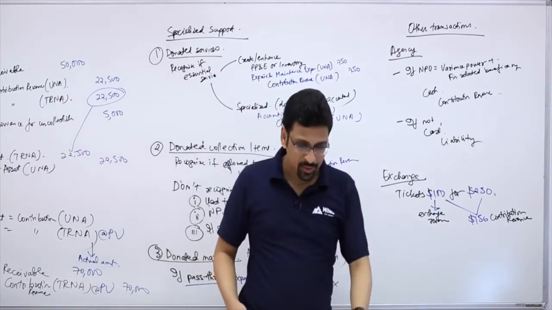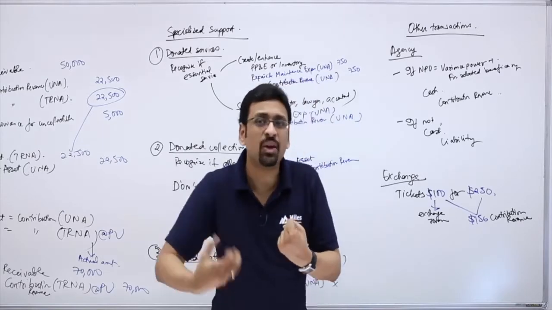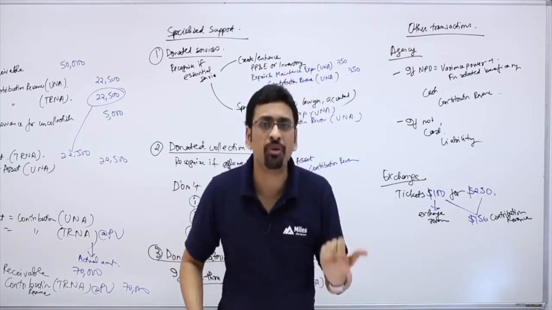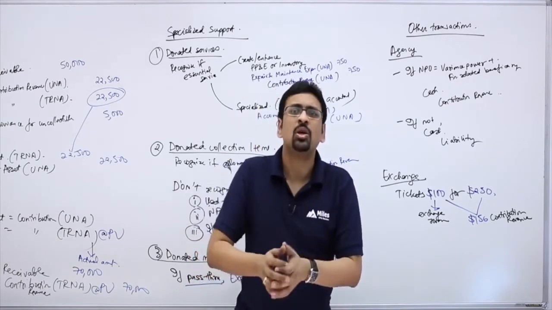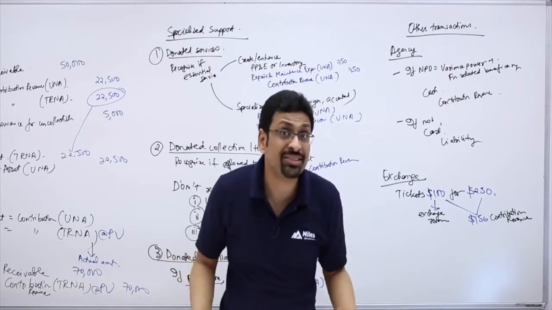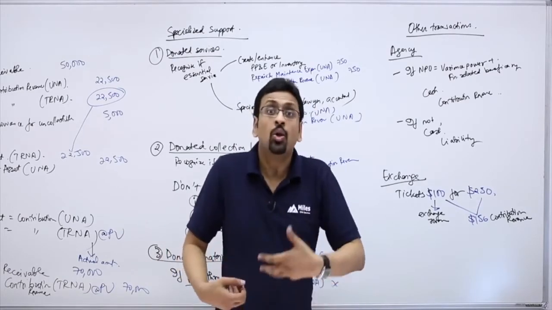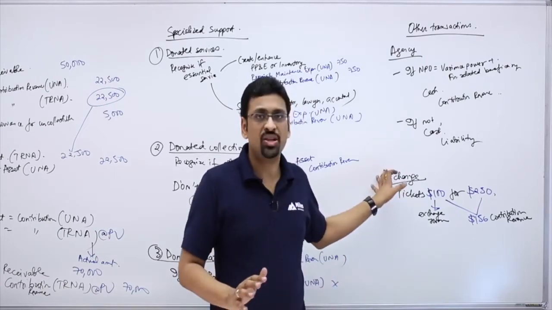Now, often what happens is NPOs receive contributions, donations, and they give out premiums, let's say a coffee mug, a calendar. Now, the cost of those premiums, which are generally given to potential donors as part of a fundraising appeal or to acknowledge a donation, are not treated as exchange transactions.